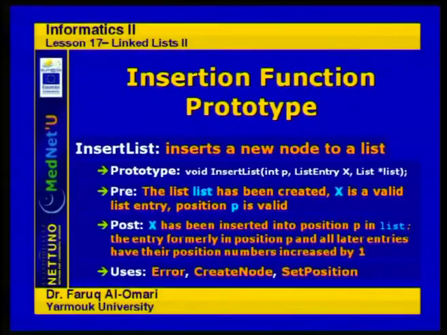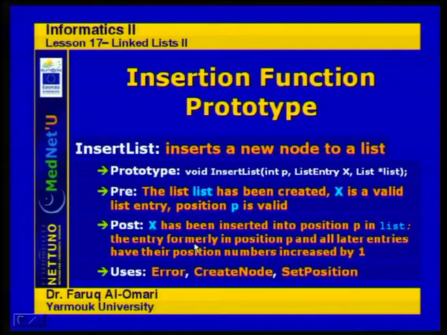The post condition. Basically, a new node has been created. The data X has been inserted. And this newly created node has been inserted at the specified position P in the list. Okay?